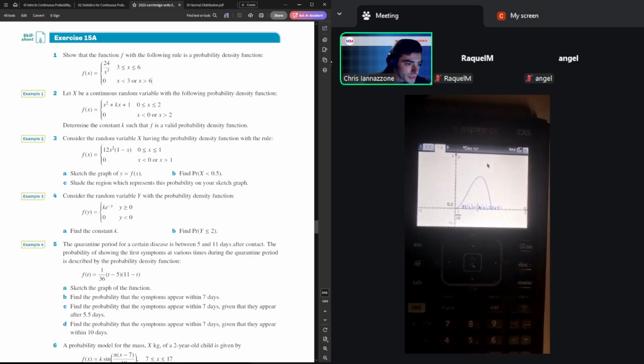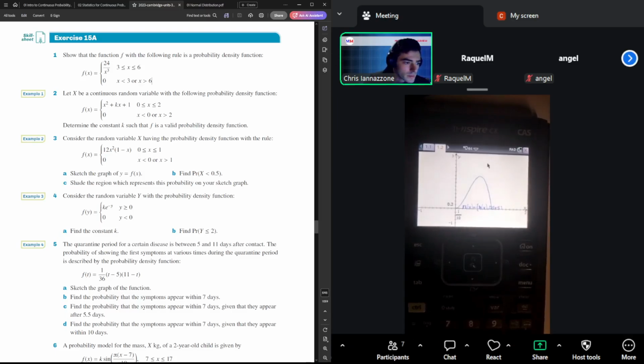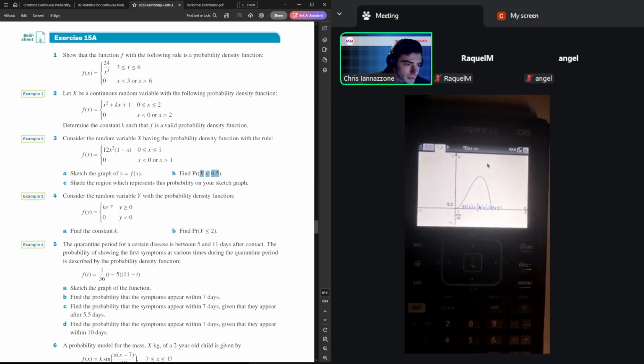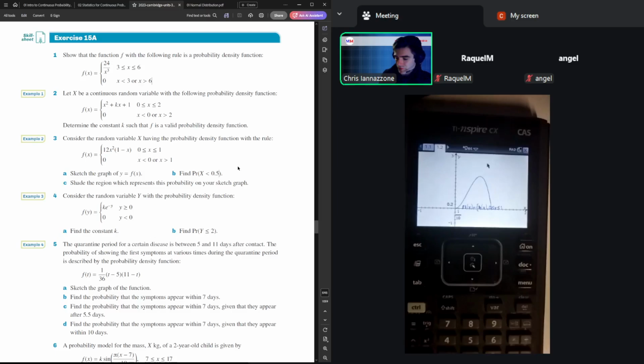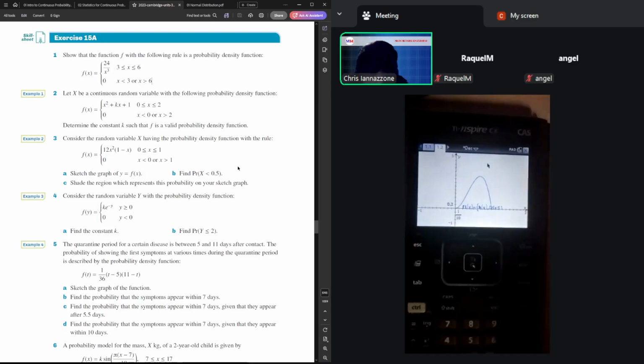Finding the probability of x being less than 0.5, since it's x less than 0.5, we're talking x-axis. So if we think about the valid domain here of 0 to 1, x being less than 0.5 means we're talking from 0 to 0.5.